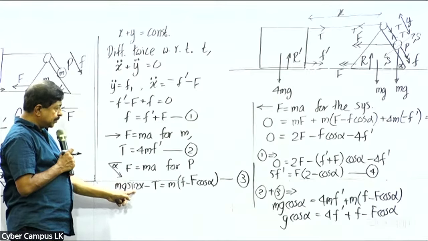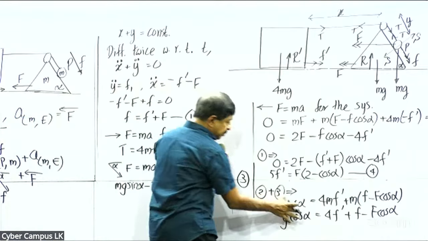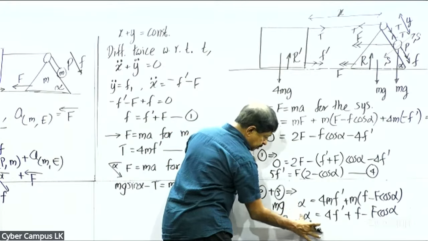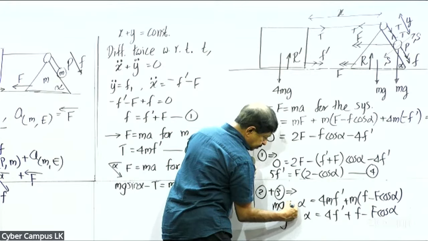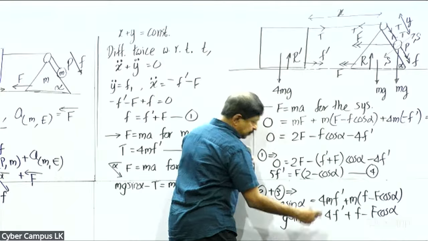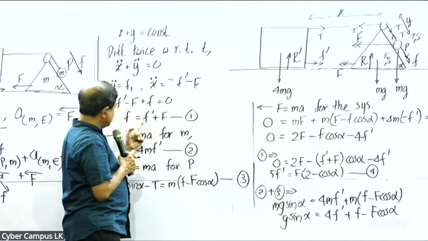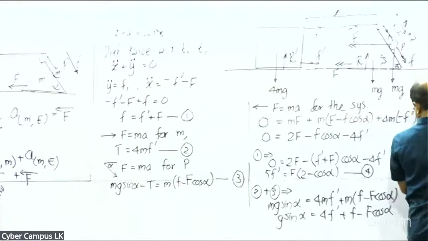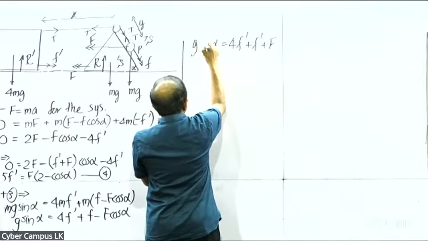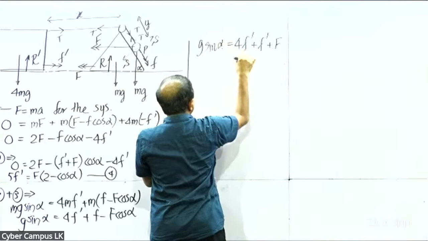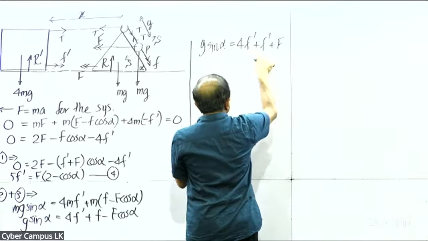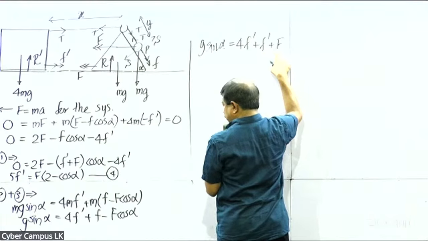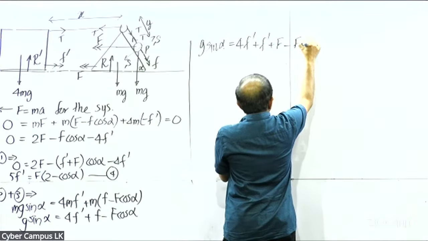So when you add 2 and 3, this should be sine alpha. Sorry. Now, for F, you have to write F dash plus F. This is g sine alpha. For F dash, this is F dash plus F minus F cos alpha.